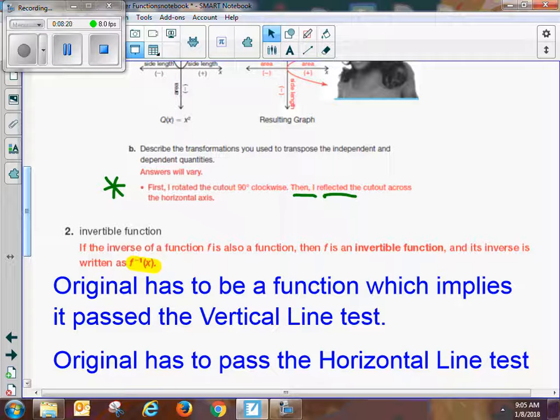No. So is it invertible? No. Okay? It has to pass both the tests to be invertible. So as soon as you say no to something, if you don't like that, then you first do your given, like we did with the parabola. Then you rotate it 90 degrees and reflect it, and look and see if your new value is a function. If you can say yes to both, it's invertible. As soon as you say no to one of the parts, it's not.